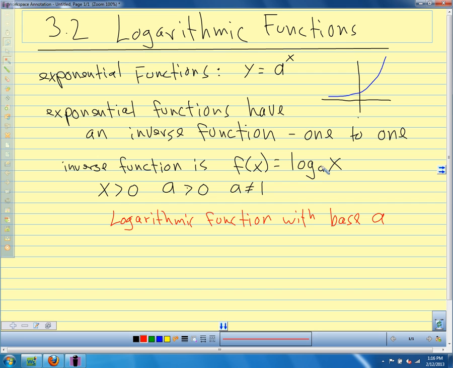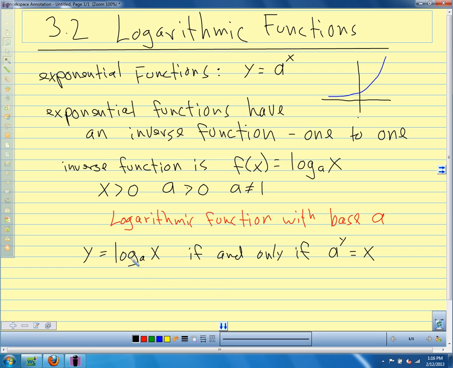And because these two functions are inverses of each other, we're going to say that y equals log base a of x if and only if a to the y equals x.